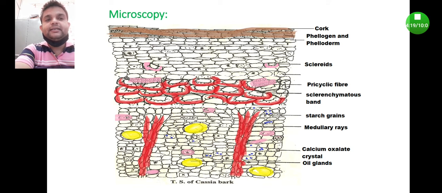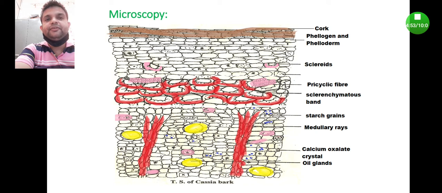Now medullary rays, 2 to 3 layers of cells, are present, arranged horizontally. In the transverse section, if we add iodine solution, then a very minimum quantity of starch grains is also observed inside the cells.